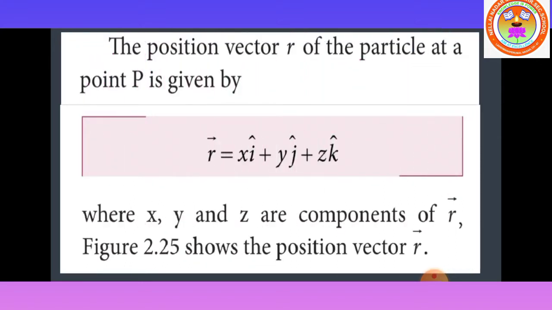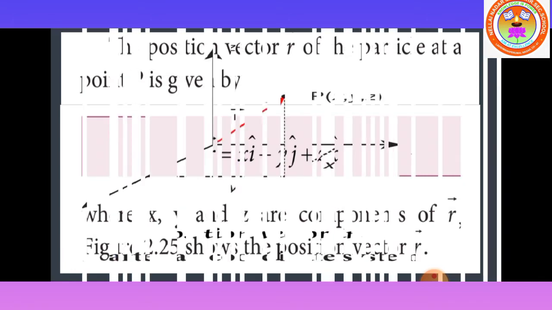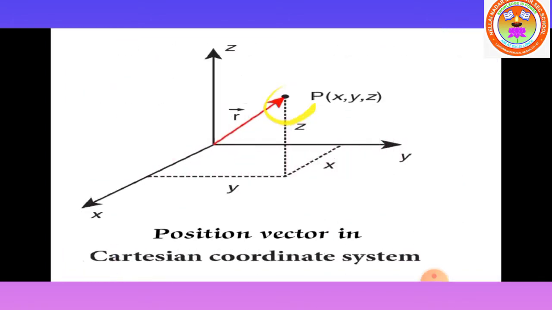Okay, so the position vector R of the particle at a point P is given by R vector is equal to xi cap plus yj cap plus zk cap, where x, y and z are the components of the vector R. Here the position of the particle is also denoted by the point P. Here the position of the particle is represented by the x-axis, y-axis and the z-axis.